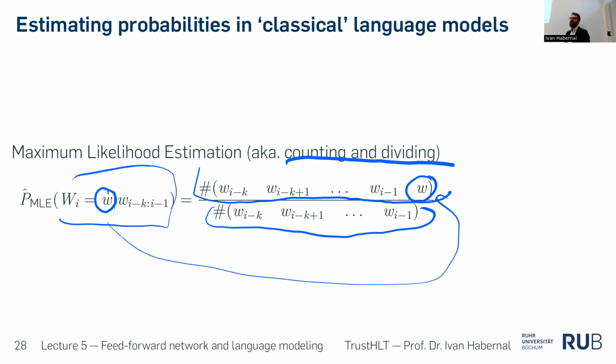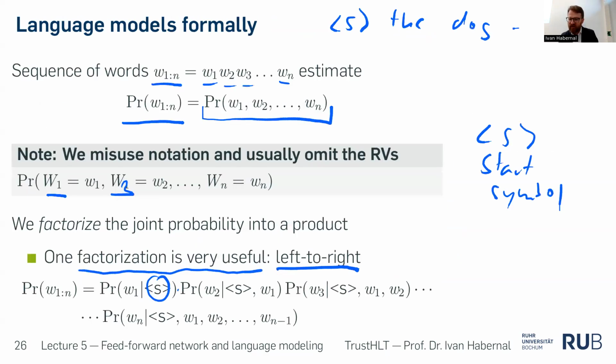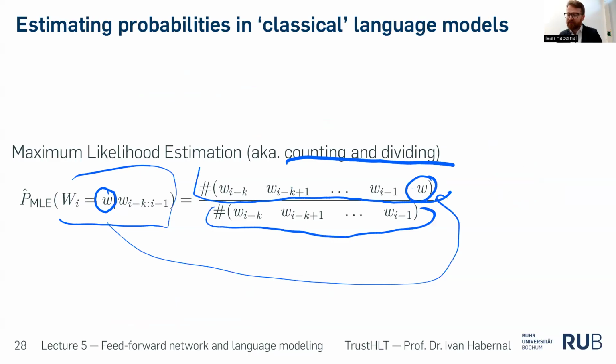And 0 probability is a bad thing, because if you remember, we're multiplying these conditional probabilities together. If you multiply something with 0, you will end up with 0 probability, although the sequence doesn't have a 0 probability, it has some small probability. So this is the first problem. And of course, the longer the context, the bigger the issue of sparsity, and it turned out this doesn't really work.